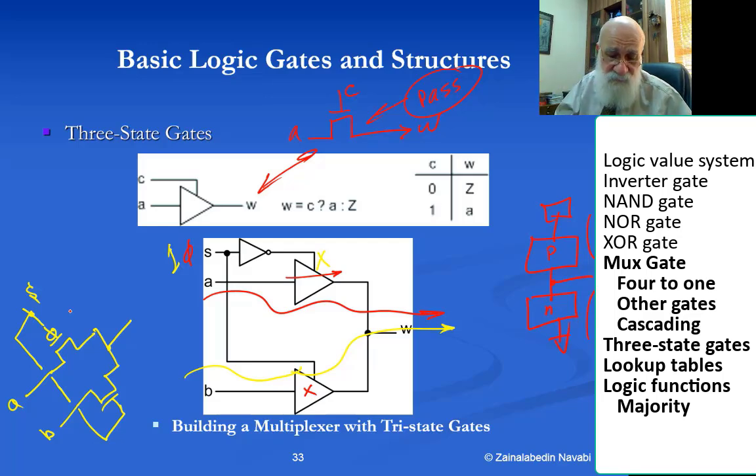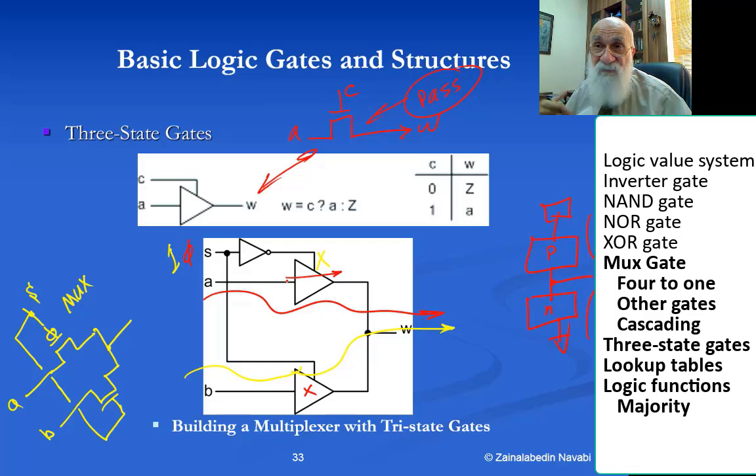The problem with this multiplexer is that when it is conducting, either from the upper path or the lower path, it is driving current from my A and B inputs, whereas this structure, because these tri-state structures have their own supply and ground, will not be putting burden on my inputs. These are more logic structures, and tri-state gates are important.